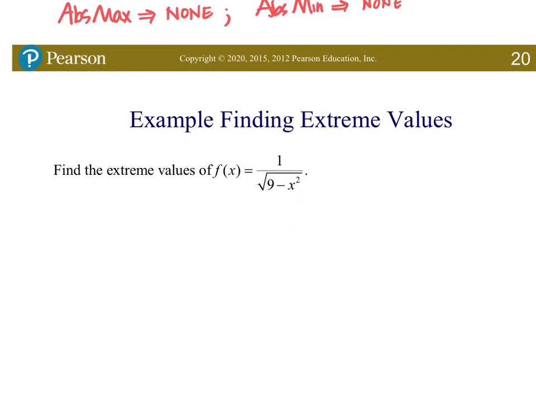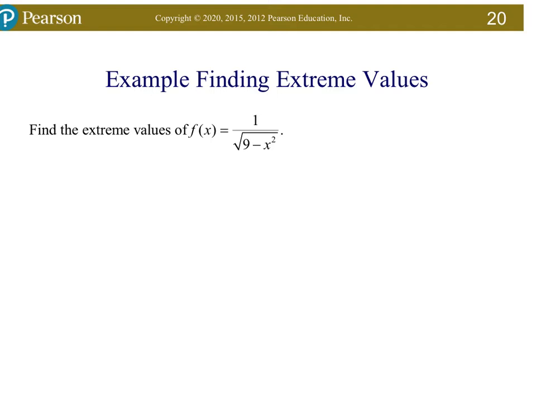Okay, let's try another one. Find the extreme values, so that means the absolute max and min of this problem. All right, so once again, we need to think about endpoints. We need to think about critical points. For the endpoints, because there is, excuse me, no given interval, we've got to figure out the domain ourselves.